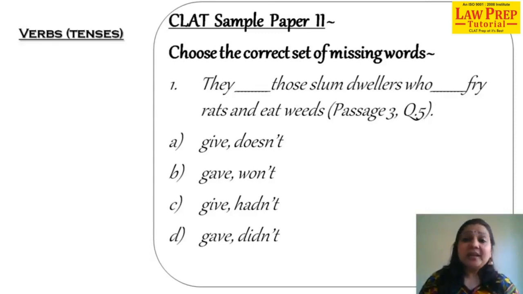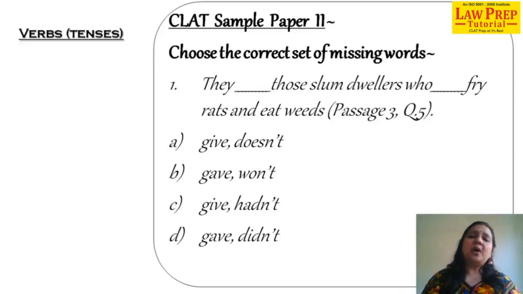Only 30 seconds. Give and hadn't. Give is which tense? Present. Hadn't is which tense? Past. They can't be used together. Consistency of verbs, don't forget. So give and hadn't can't be it. You can't use it with they, since slum dwellers is used in the plural sense.